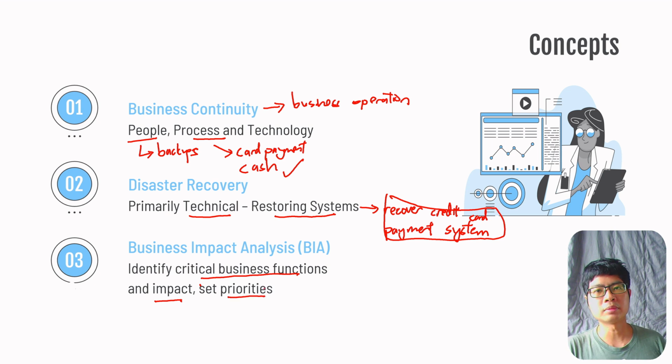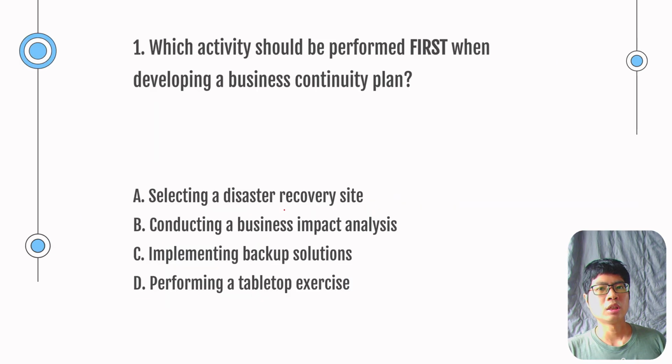How much loss would we expect if a certain system is down, and which are the more critical ones which would have to be recovered on a timely basis? This sums up the three concepts that we have to look at when we talk about business continuity and disaster recovery. Okay, let's look at the first question.